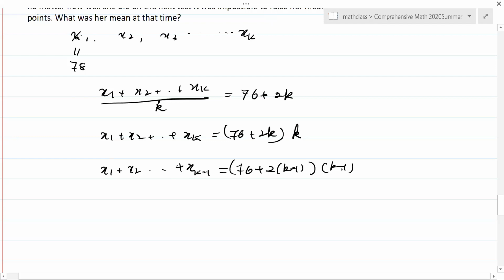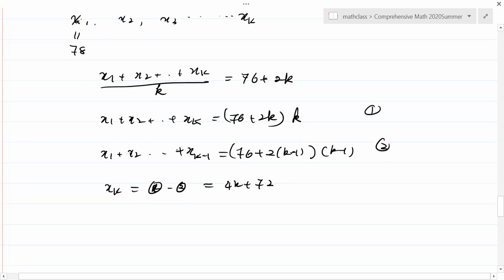I want to find xk, so you can get exactly the value. xk is the difference, equation 1 minus equation 2. That is the test score of the k-th test. I figured out it's 4k plus 72. So now you can get the general formula.